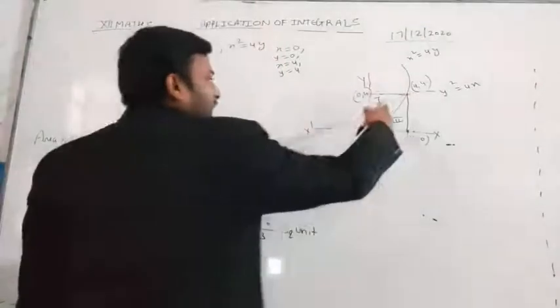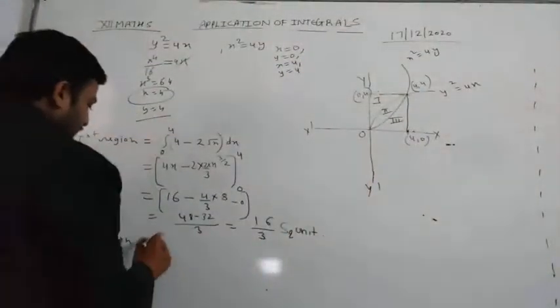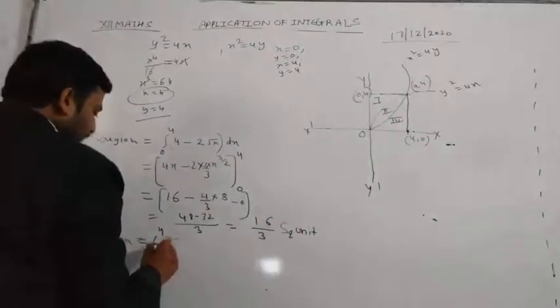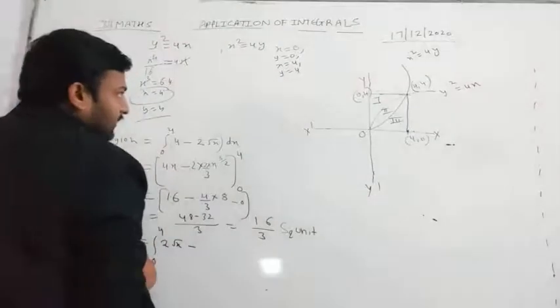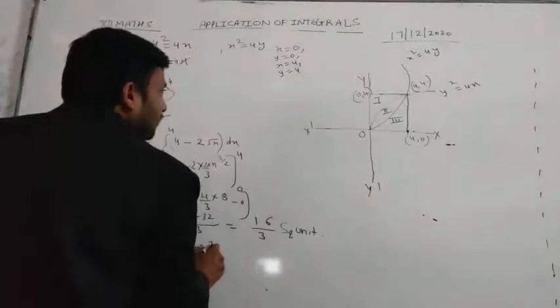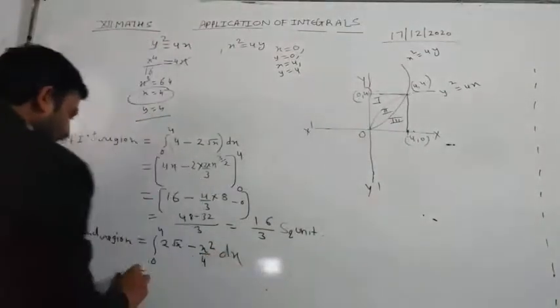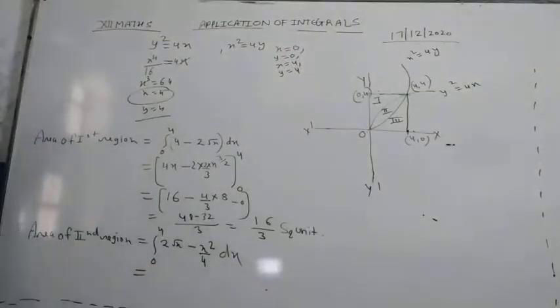So we will take the integral from limit 0 to 4 of 2 root x minus x square by 4, dx. Okay student, we will take these two curves for finding the area of this region.